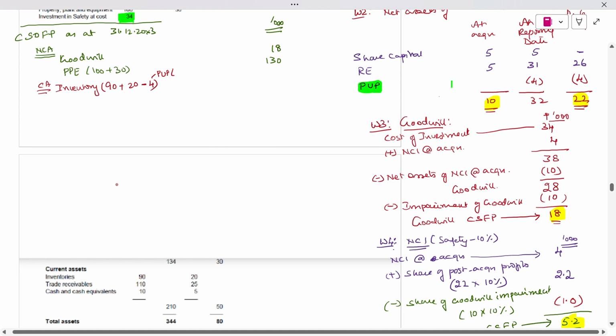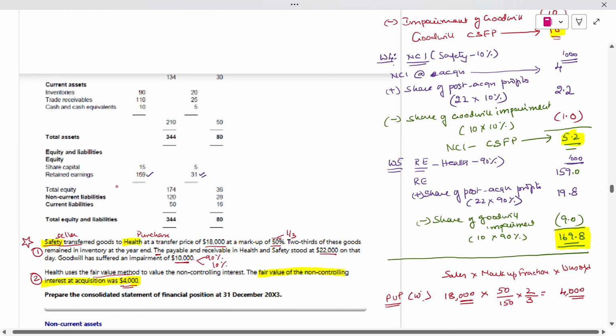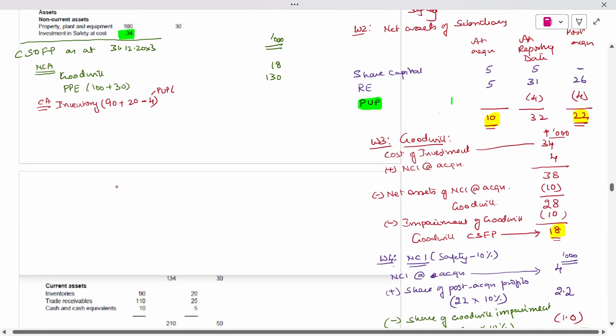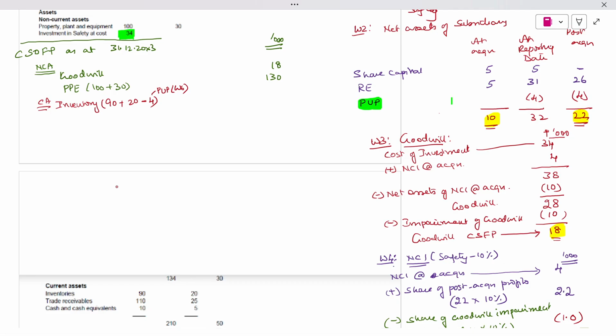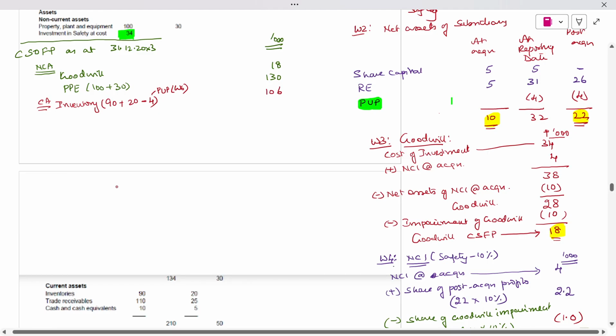I have not written that here; I will put it as working 6. Are you clear about this? Yes. Working 6, minus 4. It comes to how much? 90 plus 20 is 110, 110 minus 4 is 106.